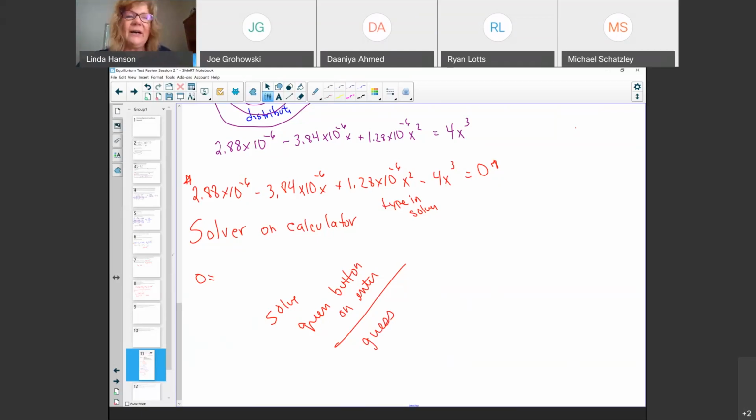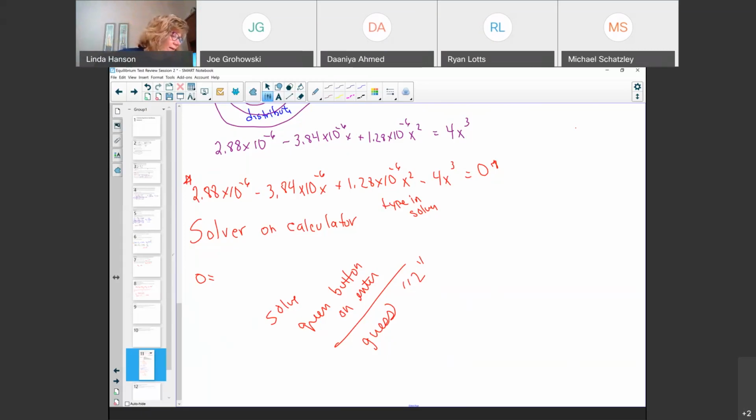The thing with this is because all these variables have two possible answers, a positive and typically a negative, it asks you to make a guess. You're not expected to know the answer, but it does want you to make a guess. And so I just always put the value 2 because it absolutely doesn't matter. You could put 5, just make a guess and then solve.